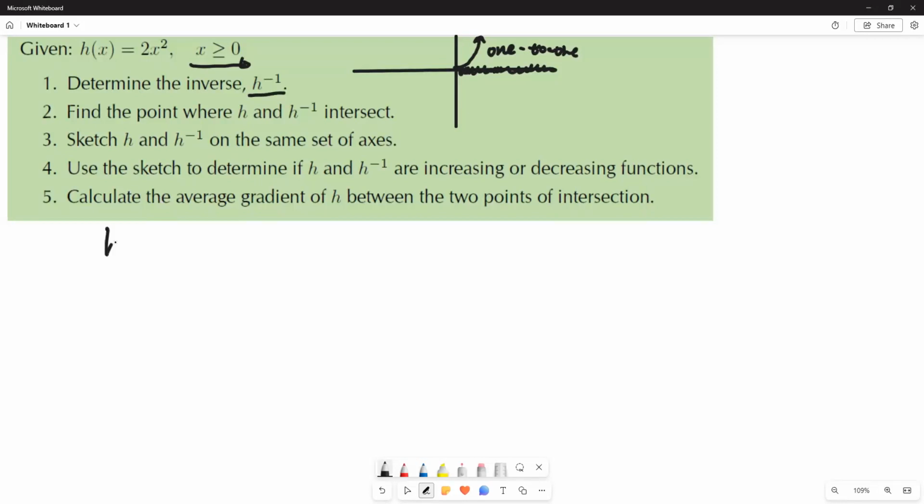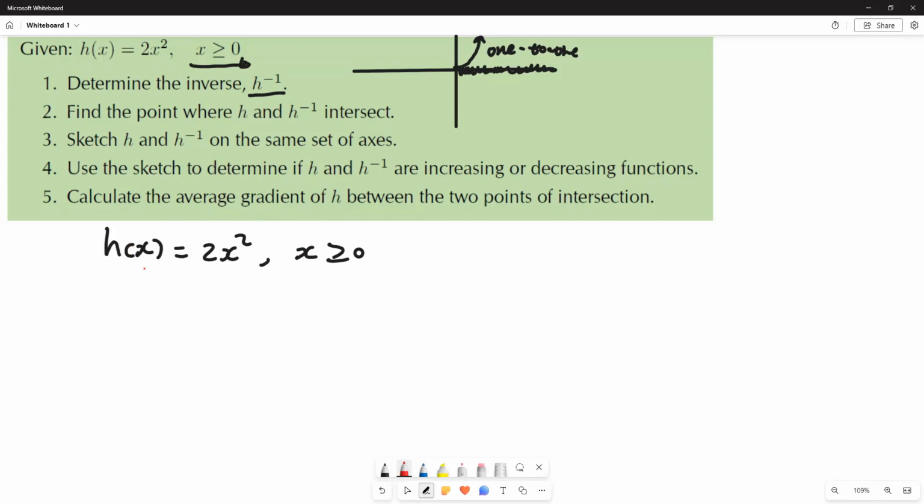Perfect. Now let's say we have h of x equals 2x squared, where x is bigger than or equal to 0. Okay, perfect. And now let's check. We are now going to find the inverse. The inverse of this, you remember, you switch everything.